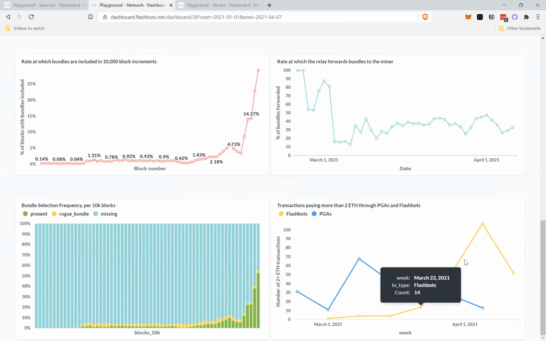As Flashbots ascends, the PGA gas wars are descending. And maybe this is a strong indicator that Flashbots is reducing overall network congestion. And actually, we don't have any data points after the 5th for the number of 2 ETH transactions through the normal mempool in PGAs. None of them have reached over 2 ETH, I think.